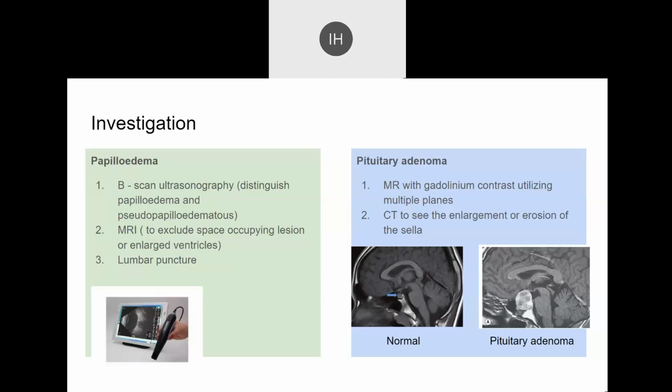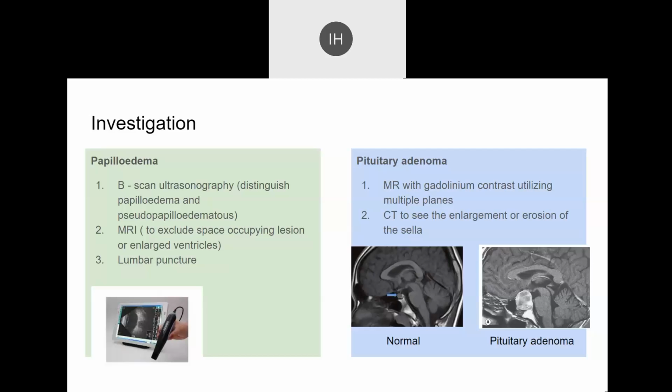So these are the investigations that should be done. First, when we have a patient with papilloedema, we should do B-scan ultrasonography. B-scan ultrasonography is to investigate the posterior eye.